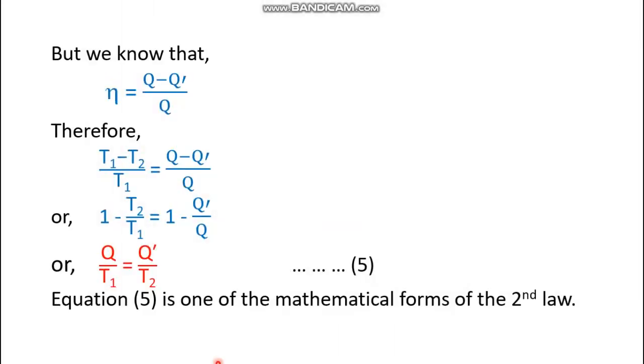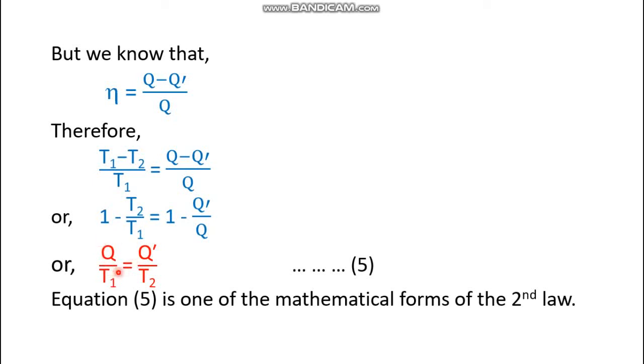But we know that eta, that means the efficiency, is also equal to (Q minus Q prime) over Q. So these two right hand side terms must be equal, so we can also write (T1 minus T2) by T1 must be equal to (Q minus Q prime) by Q, and by processing this equation we can reach this relationship: T2 by T1 equals Q prime by Q, or Q by T1 equals Q prime by T2. So here heat change by temperature is constant.